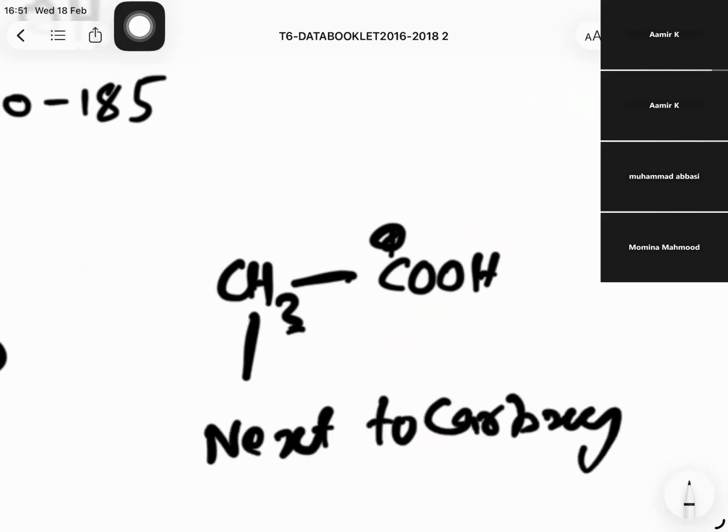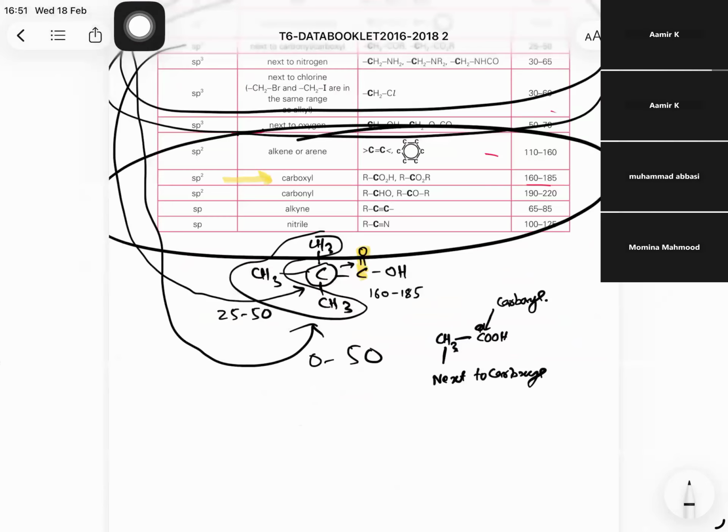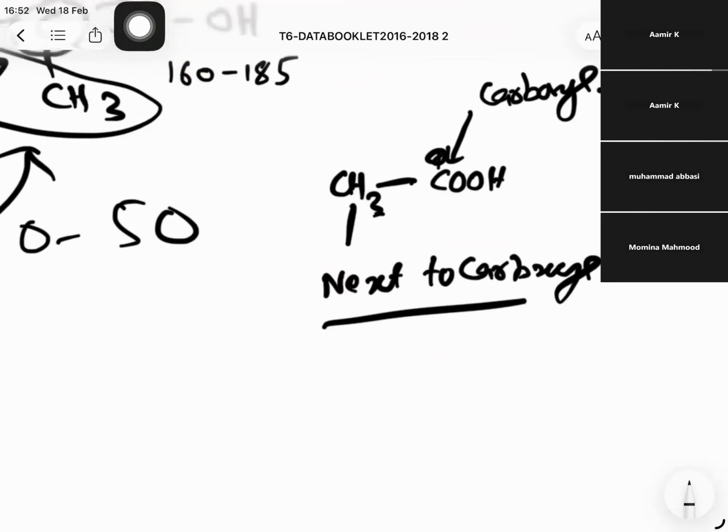What is this? Next to carboxyl. And for this, carboxyl. Okay. Got it? For this, it's a carboxyl. And for this, next to carboxyl. Do you get it? Okay, next.